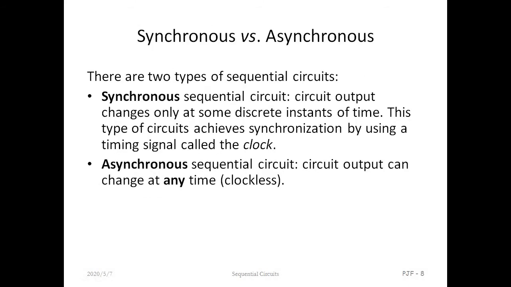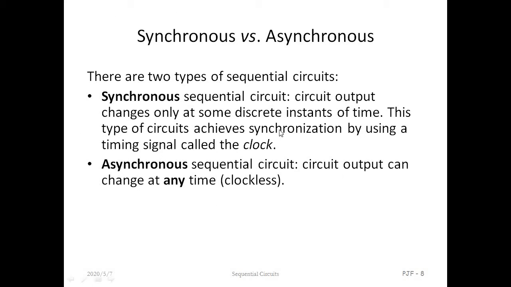Now when you go for the classification, there are two types: synchronous and asynchronous. First one is the synchronous sequential circuit. In the synchronous sequential circuit, the output changes only at some discrete instants of time. This type of circuit achieves synchronization by using a timing signal called a clock. One important question will arise here: why do we use a synchronous sequential circuit?